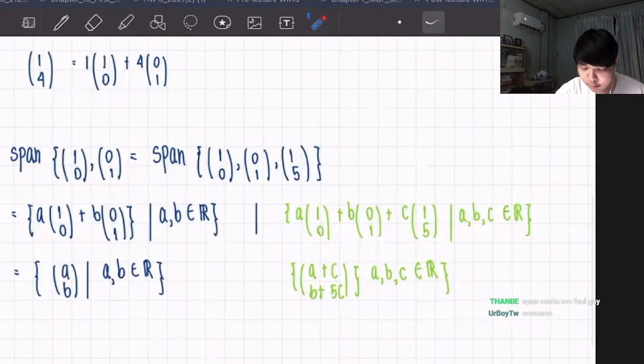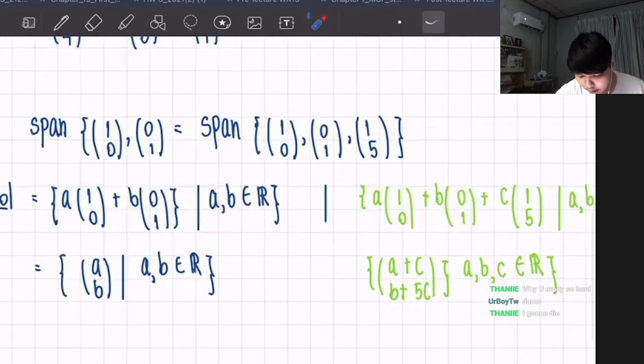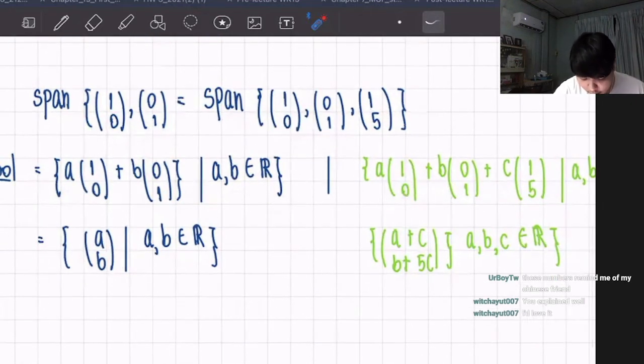And last question. The span of (1, 0) and (0, 1) is equal to the span of (1, 0), (0, 1) and (1, 5). On the left hand side we have a times (1, 0) plus b times (0, 1), where a and b are real numbers.